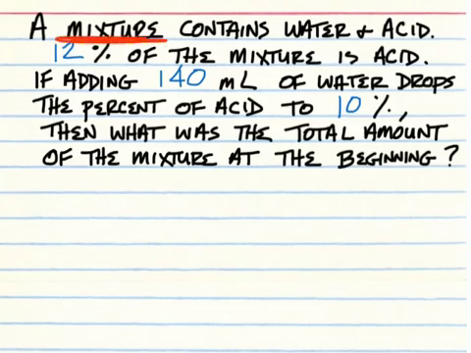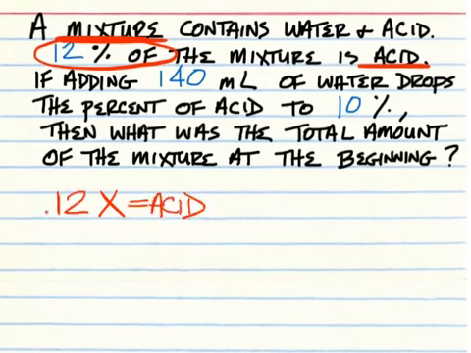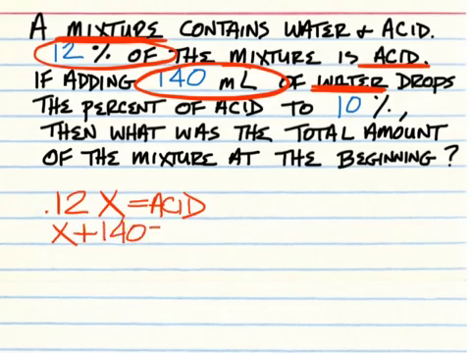We don't know it, so we make it x. But as before, we still multiply by the percent of acid to find out how much acid we have. So that's 0.12x equals our amount of acid. If we add 140 milliliters of water to the beginning total, that's x plus 140. That gives us our new total.